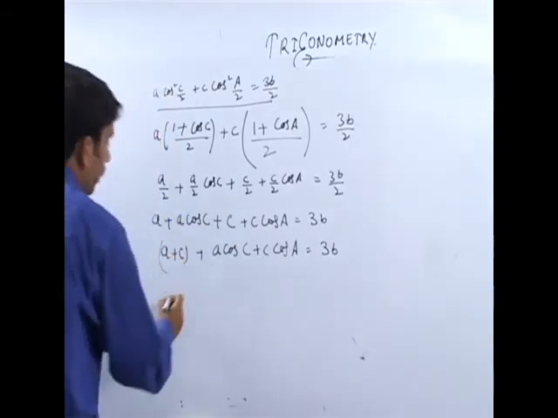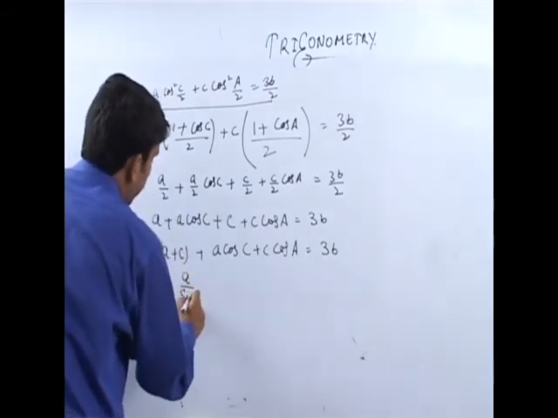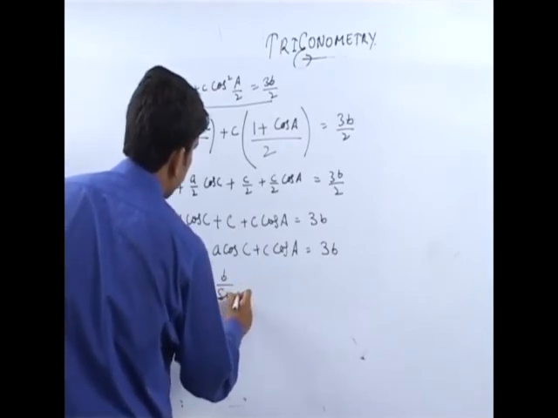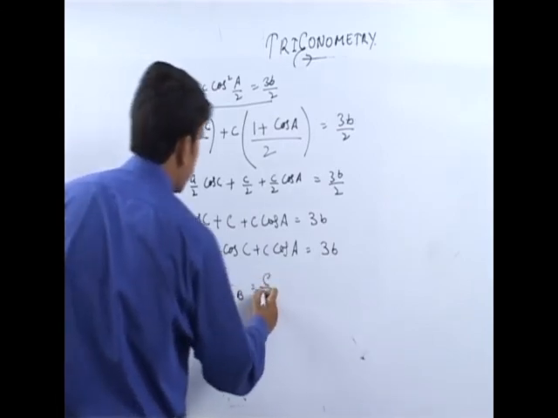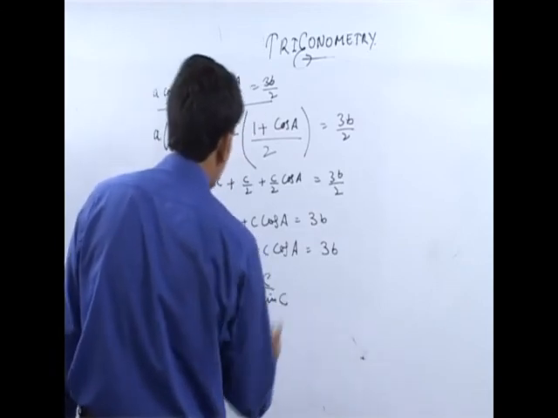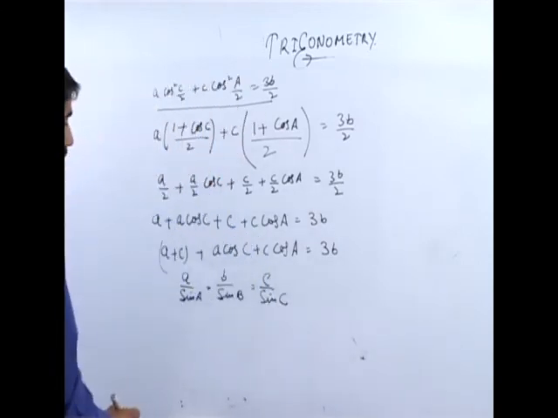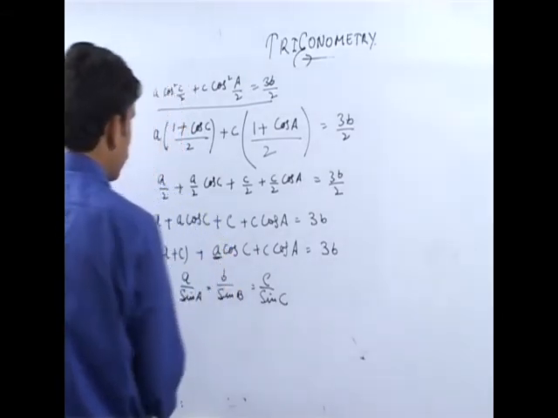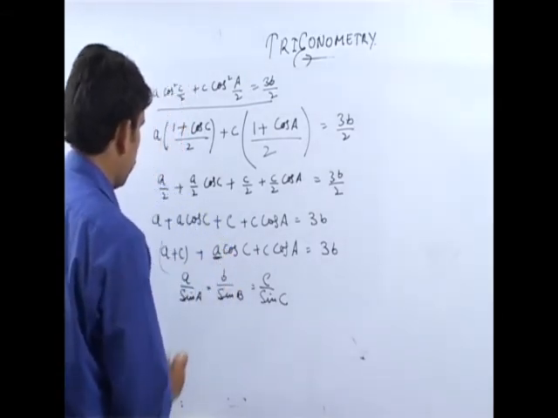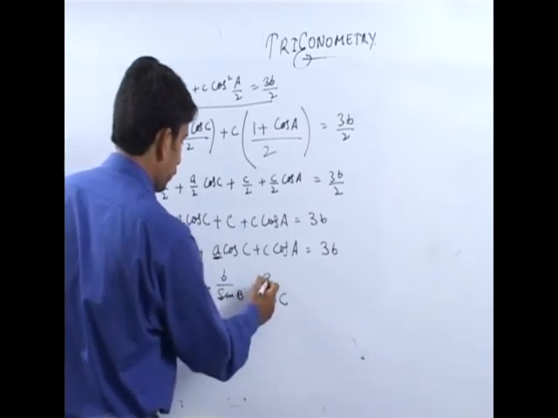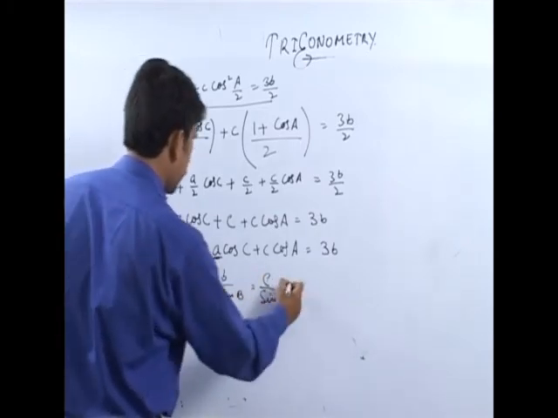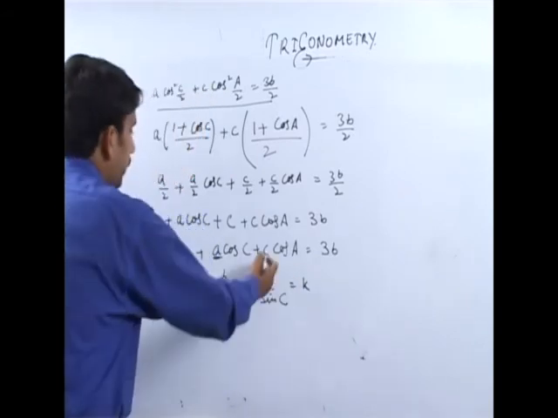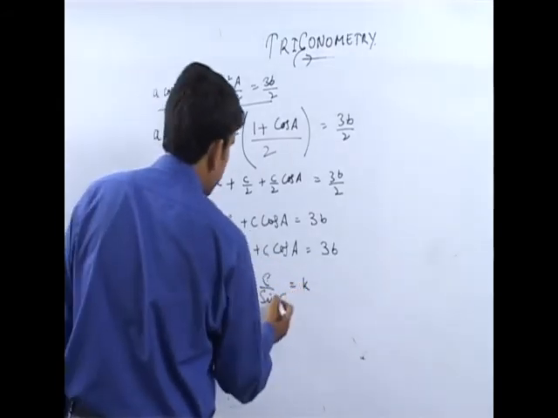Now, if you take a over sine A is equal to b over sine B is equal to c over sine C, which we have done, let this be equal to k. Then a will be equal to k sine A, and c will be equal to k sine C.